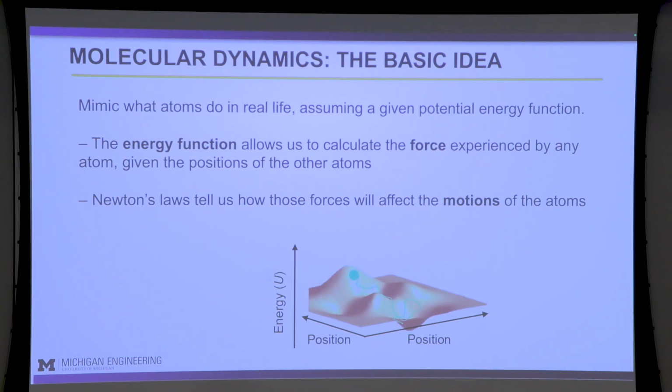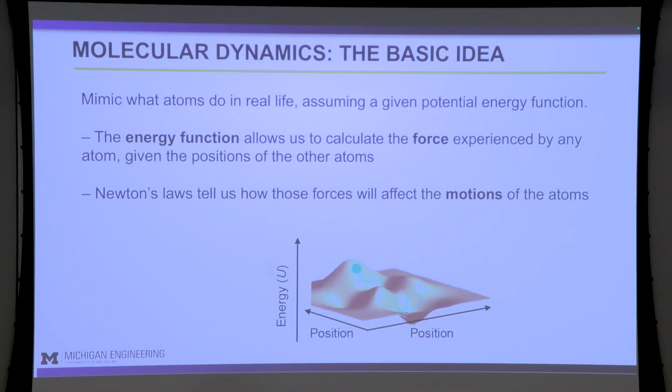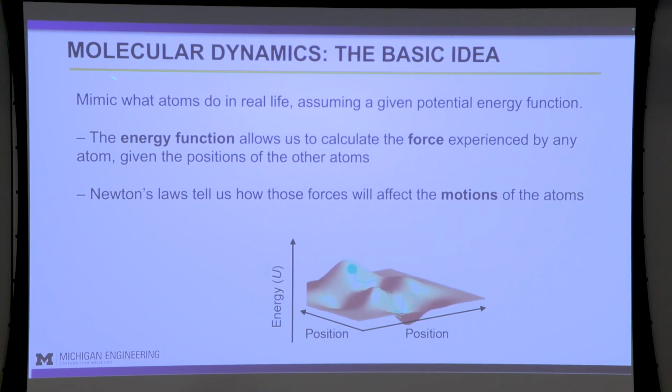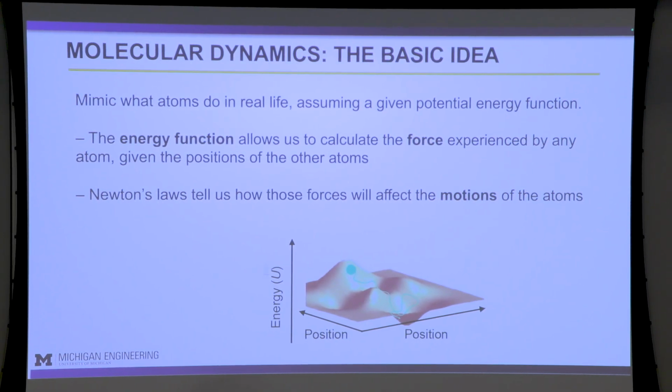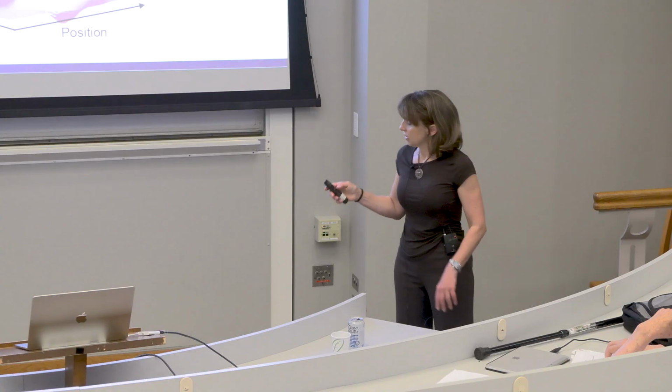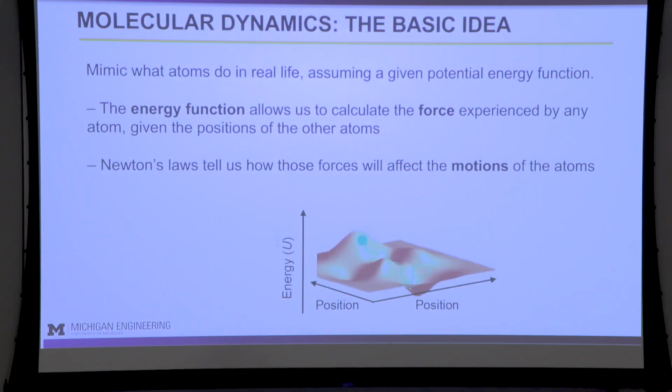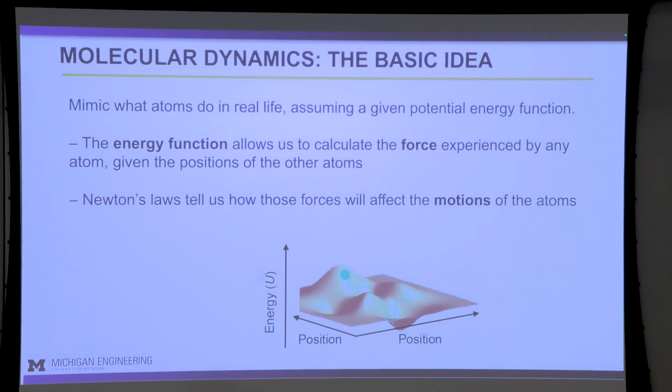So the energy function allows us to calculate the forces experienced by atoms given the position of the other atoms. So if you are, for example, here, this is the position, this is the energy. If you know the force with which your atom interacts with other atoms, and you apply Newton's law, you can predict the motion of this particle.